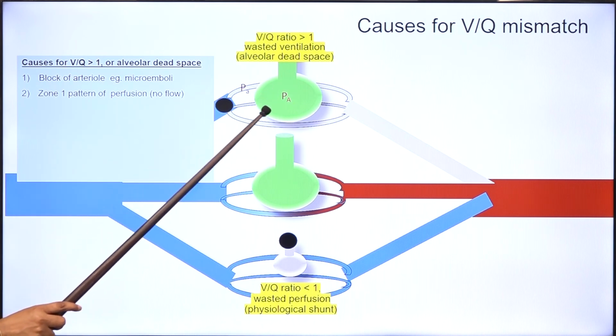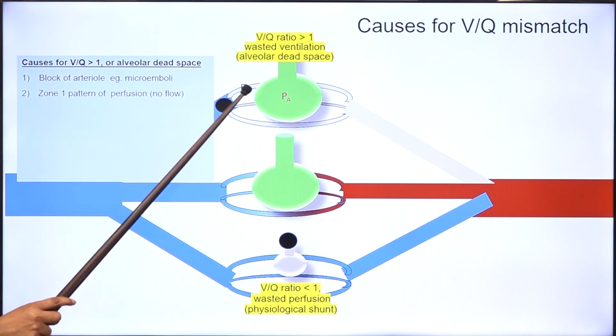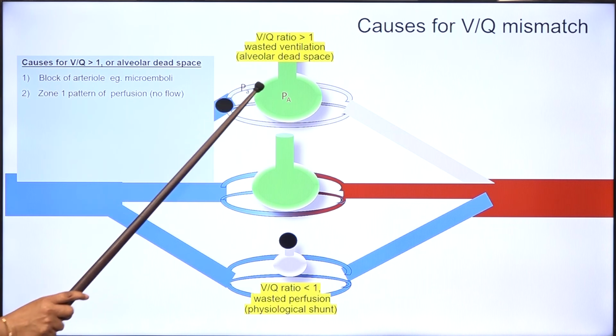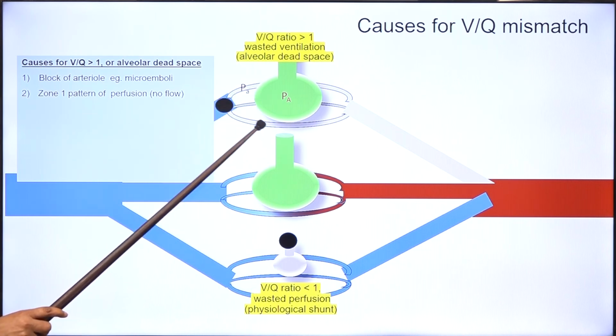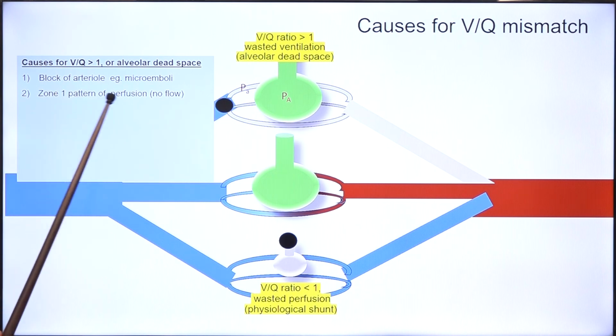If the alveolar pressure is high and there is compression of the capillaries, blood flow to those capillaries will be reduced, or there will be zero blood flow, what is called zone 1 pattern of perfusion.